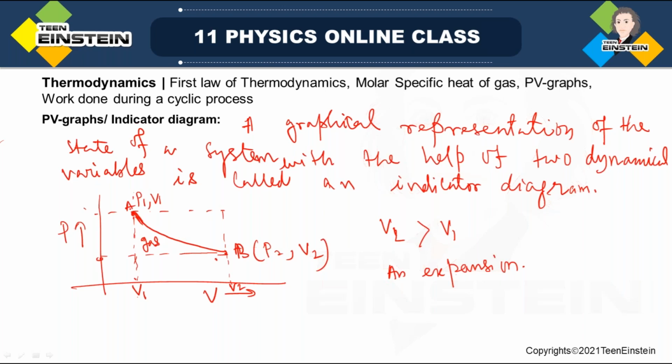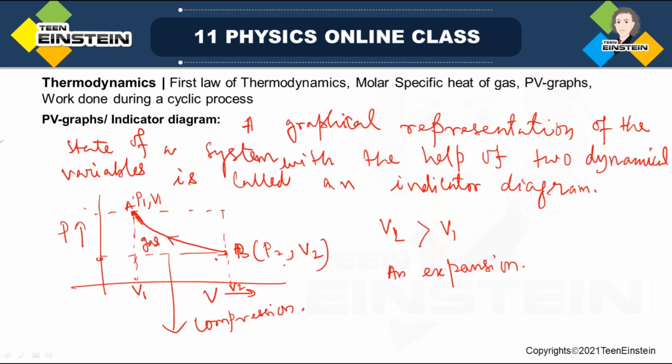When V1 is smaller, if the arrow is like this, then it is compression.